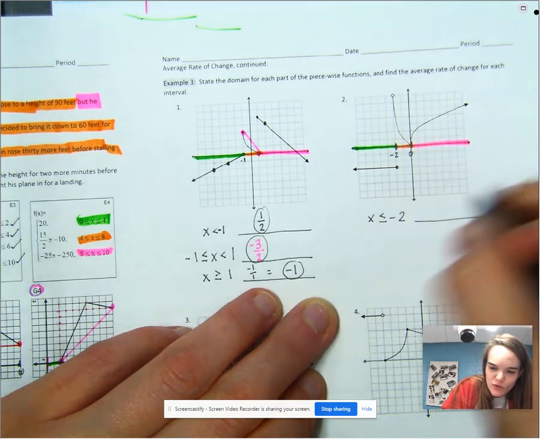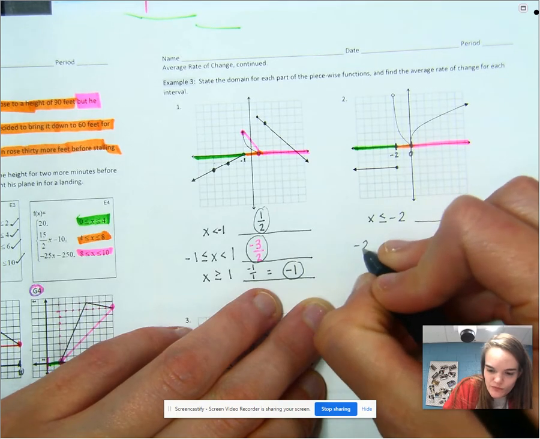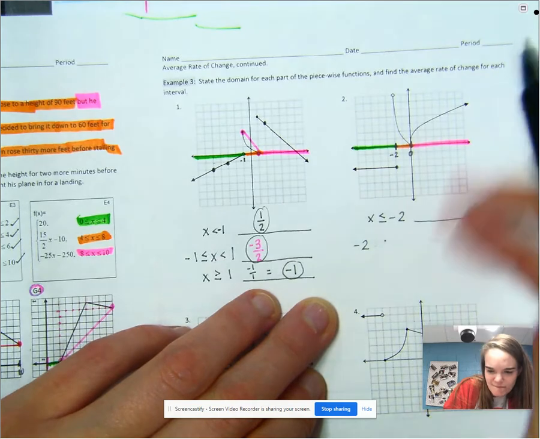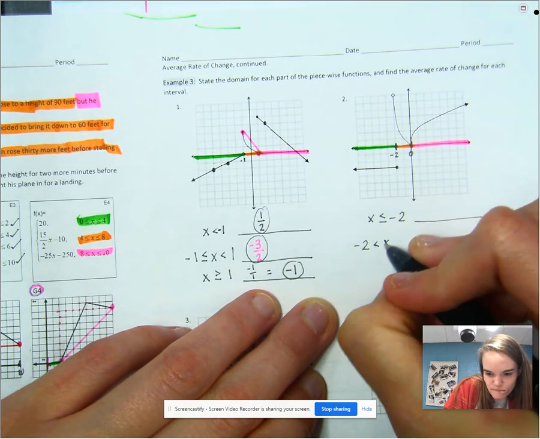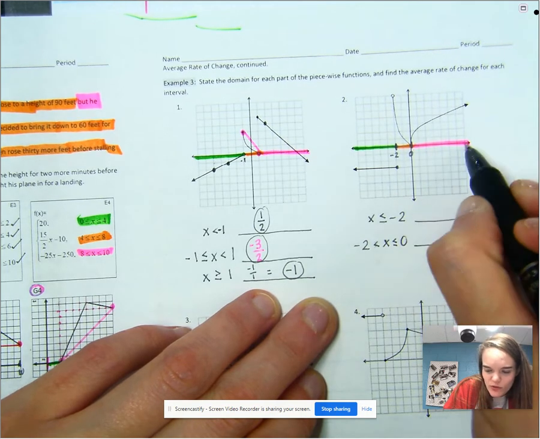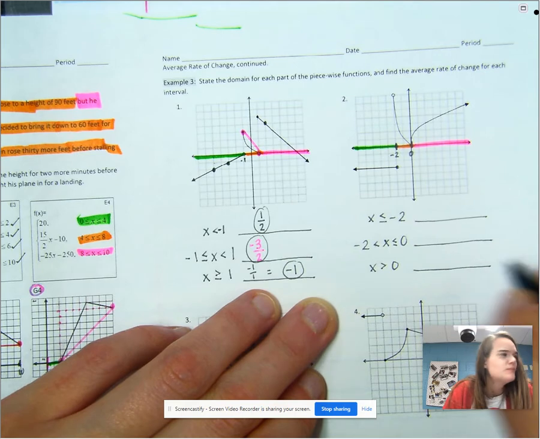We have the values when x is between negative 2 and 0. And we have the values that are greater than 0.